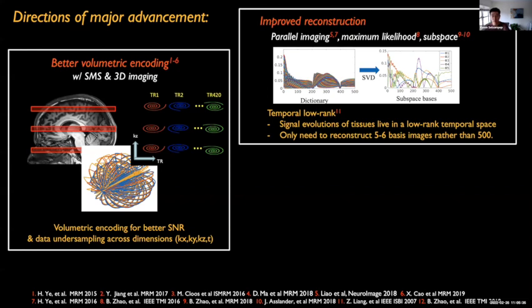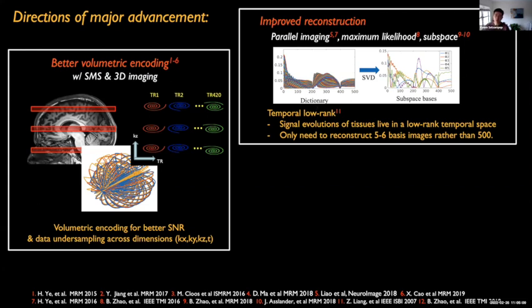We've done quite a bit of work also in terms of improving the reconstruction, in particular utilizing the idea of temporal low rank subspace that was pioneered by C.P. Liang and his group at USC, where with the MRF, you can see here that the signal evolution of tissue actually lives in a low rank temporal subspace.